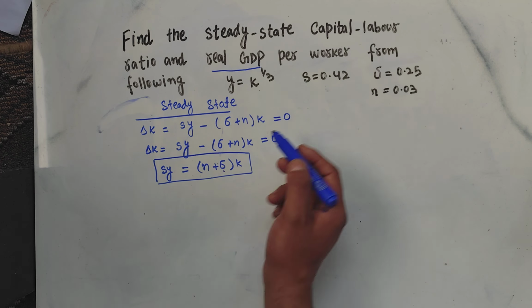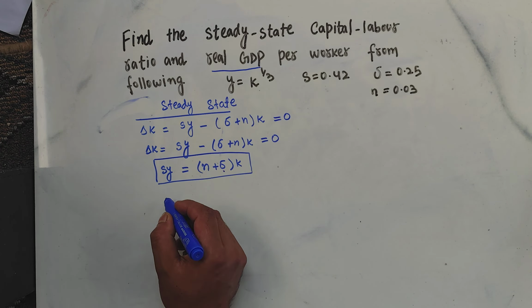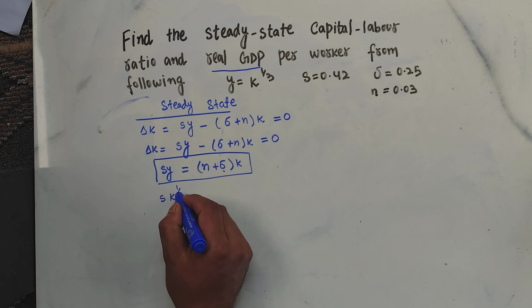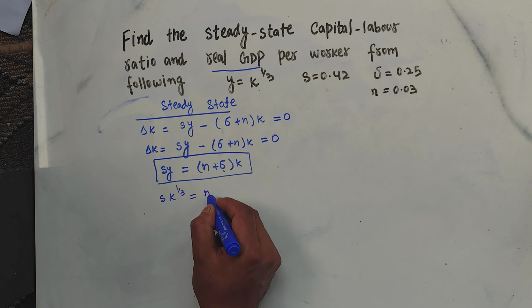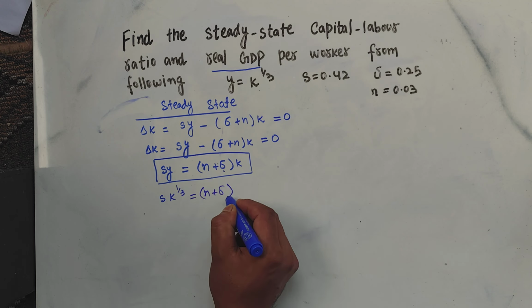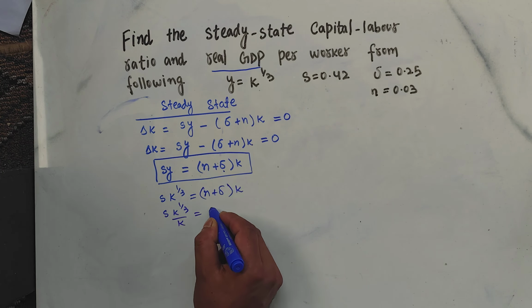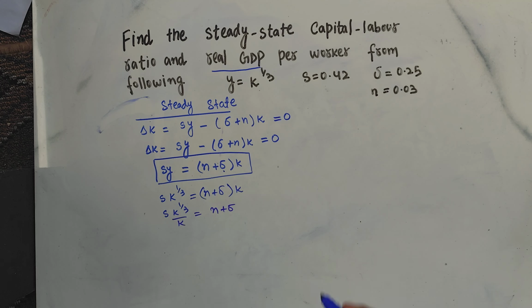Now let us first solve it further. We have s and y given as k raised to the power 1/3, equal to (n plus del) times k. Transposing this k, we get s k^(1/3) upon k equal to n plus del.